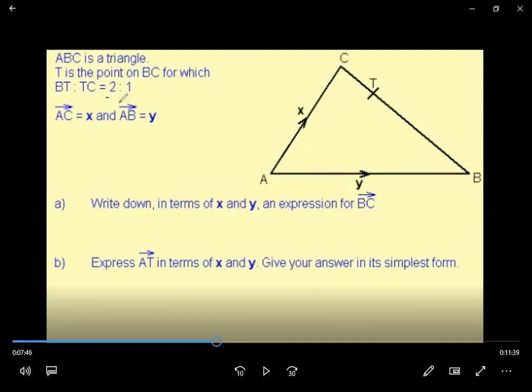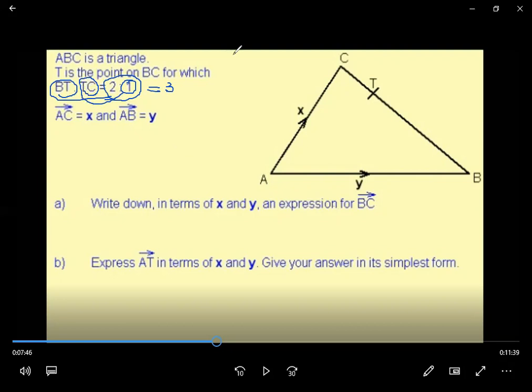Whenever you see this, this is telling you that the particular line is cut into three parts. Two parts go to BT and one part goes to TC.